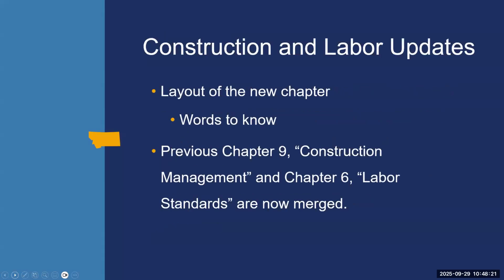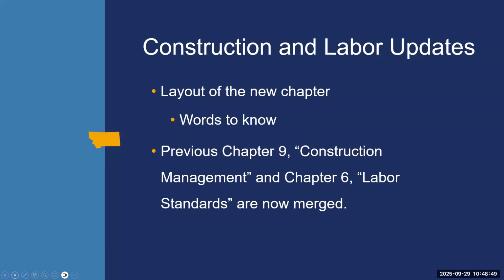We made a couple of significant changes to the Labor Standards chapter to clarify the state and federal requirements and streamline grantee responsibilities in a chronological way. First, at the beginning of the chapter, there is a words to know section with vocabulary and definitions helpful for understanding CDBG construction and labor requirements.